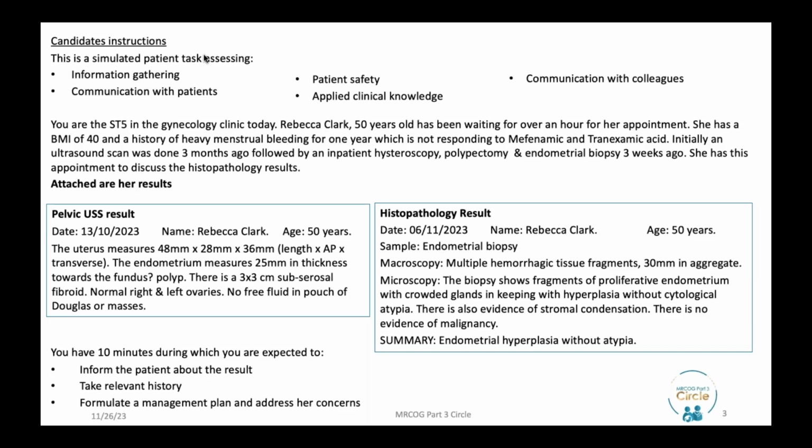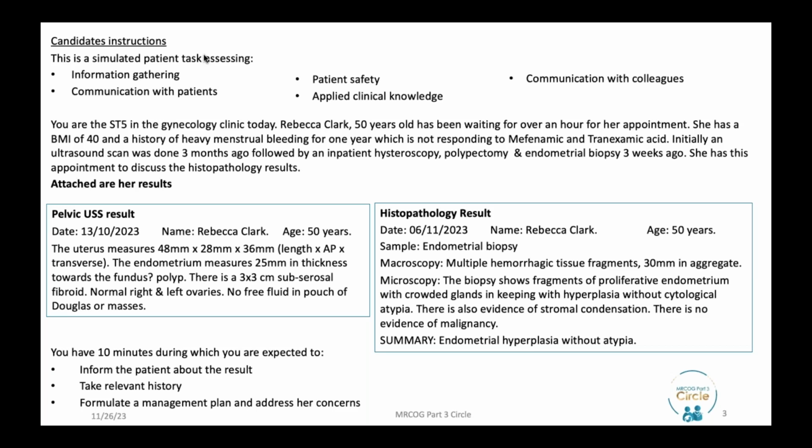And the last point is making sure that she understands all the risks and the complications associated with the treatment you are offering her, because based on that information, the patient is the one who would make her choice, what she would like.